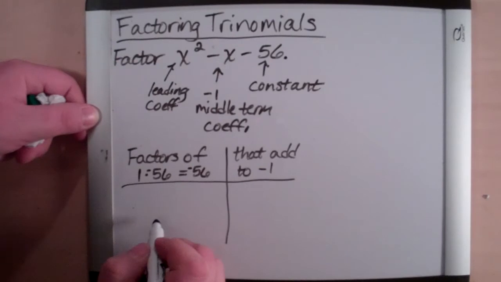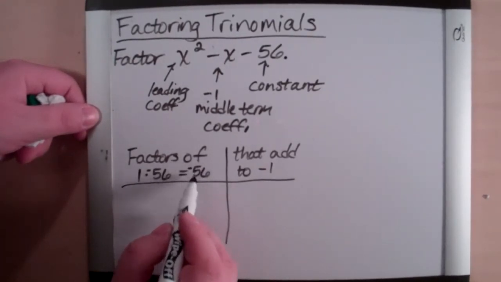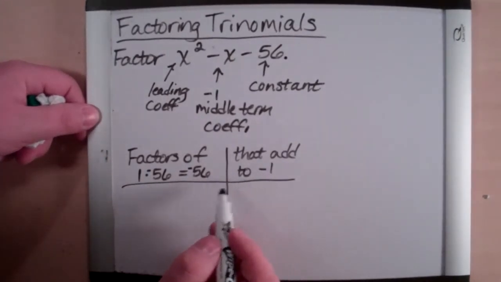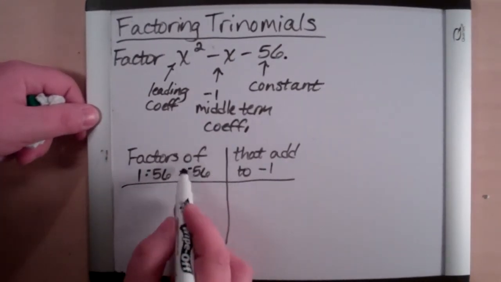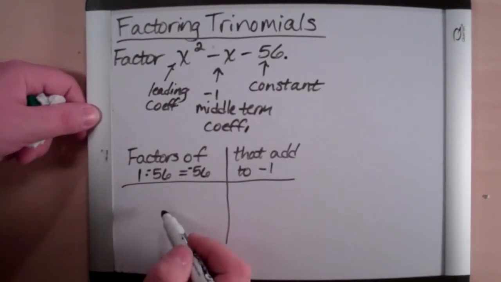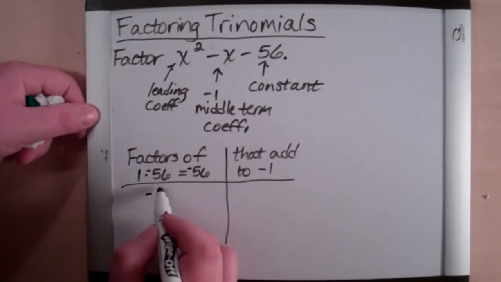Now, what will happen here is I'm looking for 2 numbers that multiply to give me negative 56 and also add to give me negative 1. It happens to be that there's not a whole lot of factors here. I could use 2 and whatever 56 is divided by 2. I'm immediately thinking of 7 and 8.